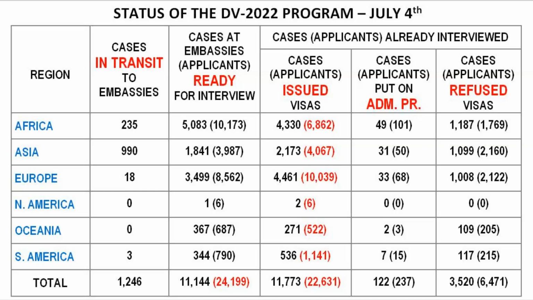Now over to the cell that is just to the left of this cell, we have the total number of cases that have arrived at various embassies, and that is 24,199. Looking at that and considering that more than 2/3 of that number will be issued visas, we can say that by the time the cases that are currently at various embassies around the world have been interviewed, we will have more than 40,000 visas issued.